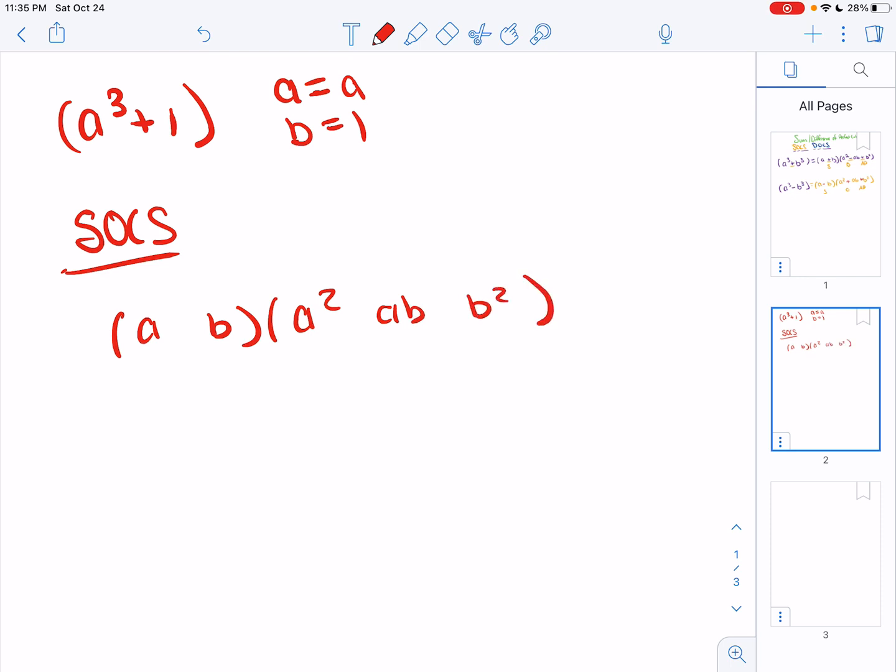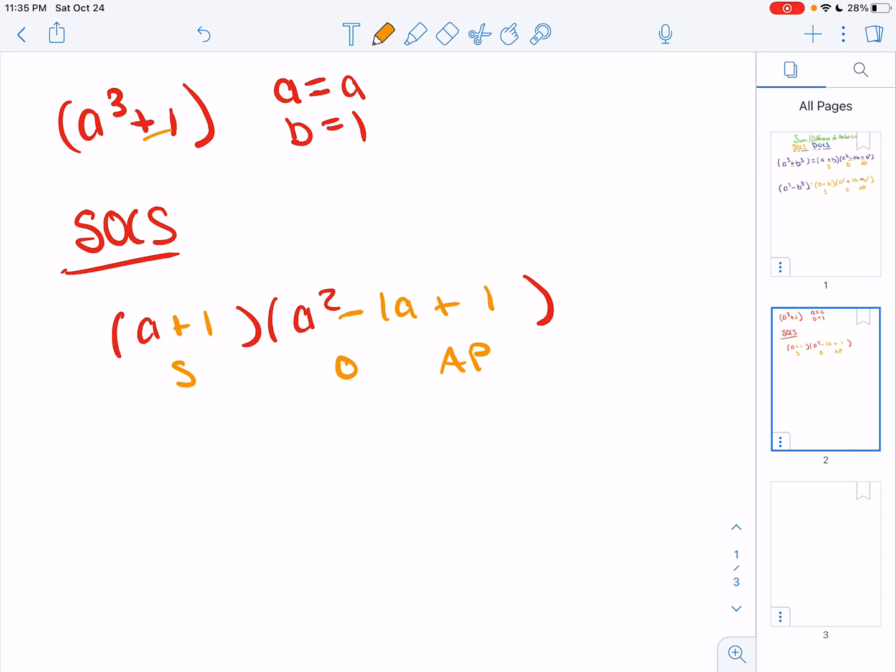And now we apply SOAP: same, opposite, always positive. So we have plus, same; opposite, minus; always positive. Instead of b, I'm just going to replace it with 1. So that is the answer for this one.